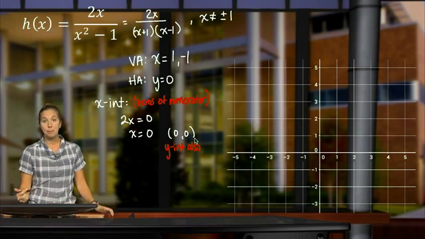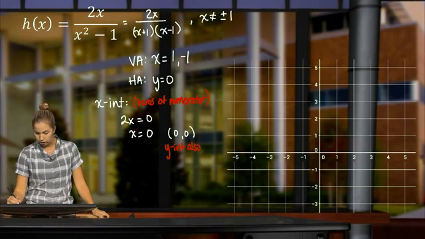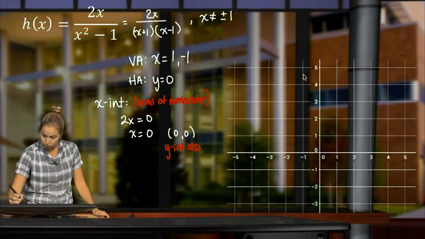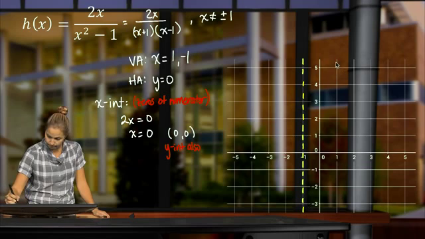All right, so let's go ahead and plot what we have now, and then we'll start looking at plotting additional points, making our table of values to graph our branches. Again, starting with our asymptotes, we have two vertical asymptotes at -1 and +1.